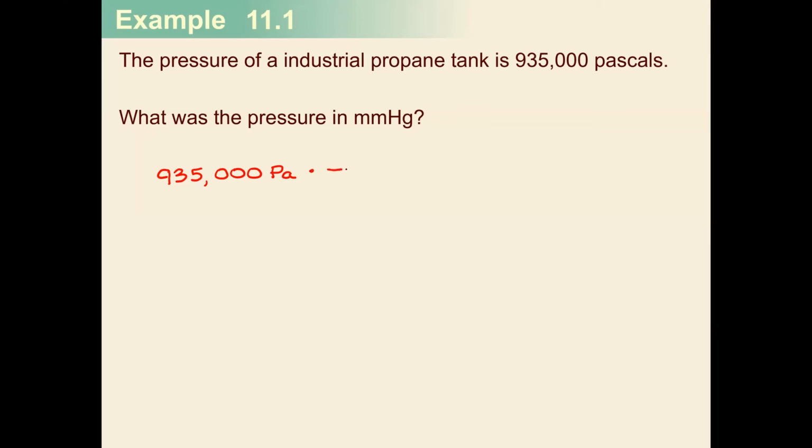So now what I can say is that 1 atmosphere is over 101,325 pascals. And now that I have atmospheres, I am able to go to millimeters of mercury. So that is 760 millimeters of mercury for 1 atmosphere.